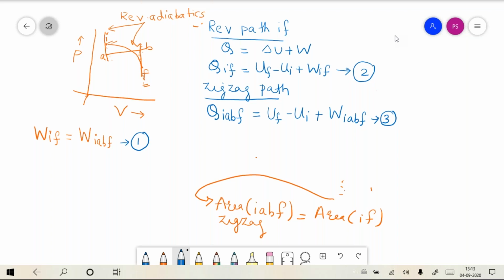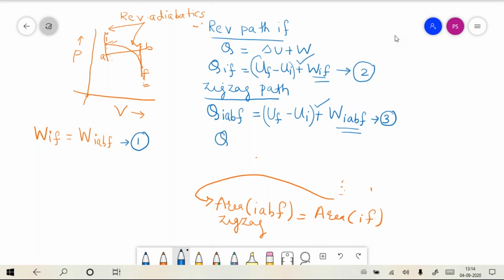The terms U_F minus U_I from equations 2 and 3 are the same, and W_IF is equal to W_IABF.